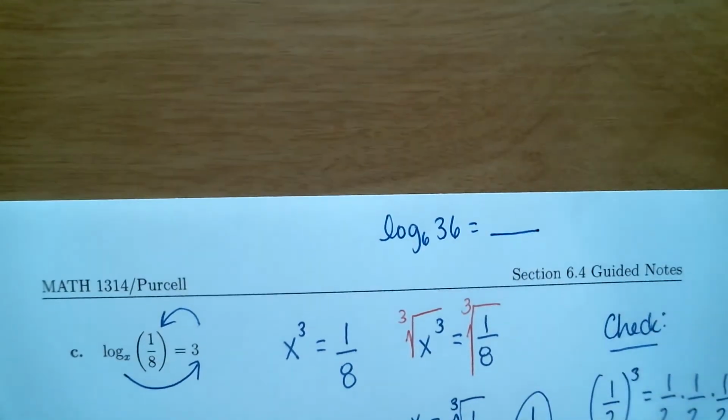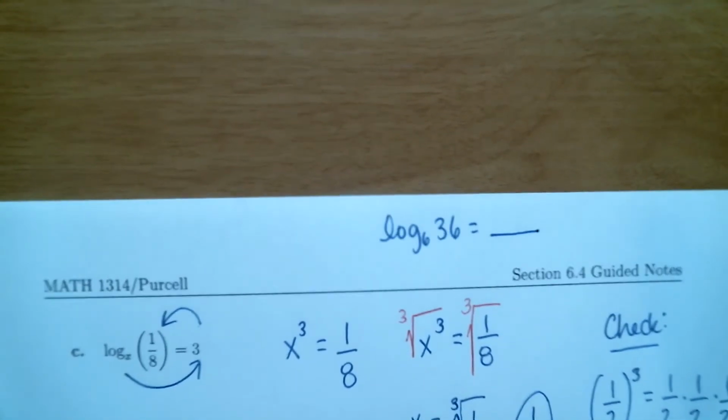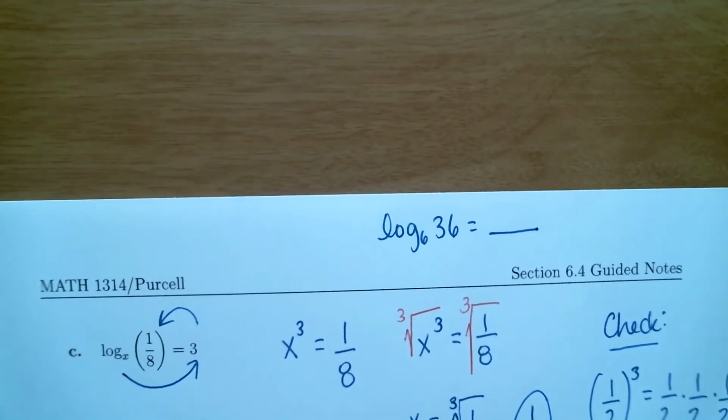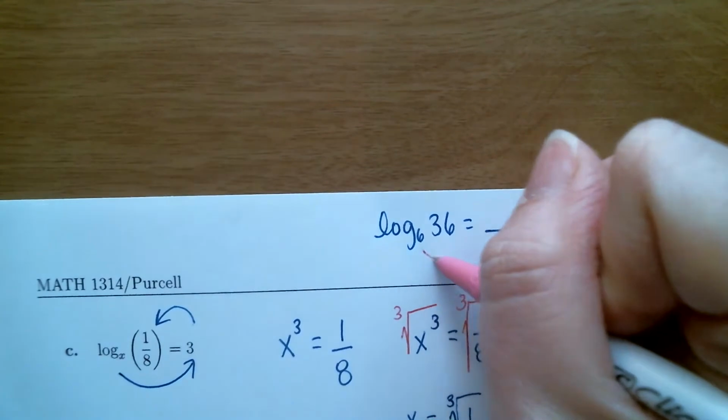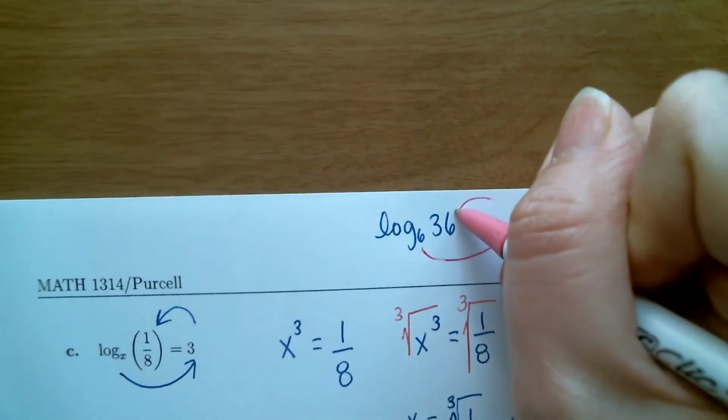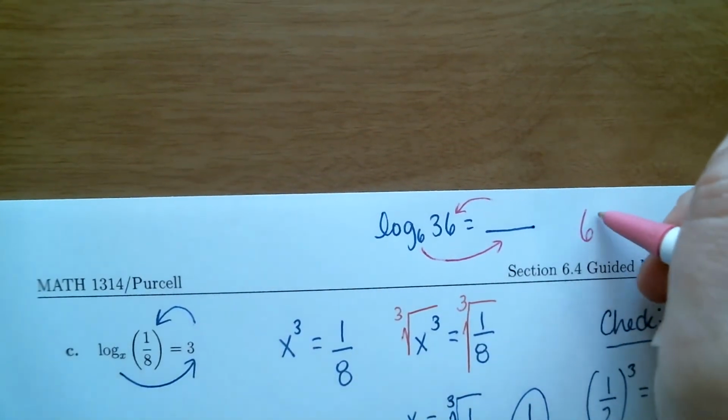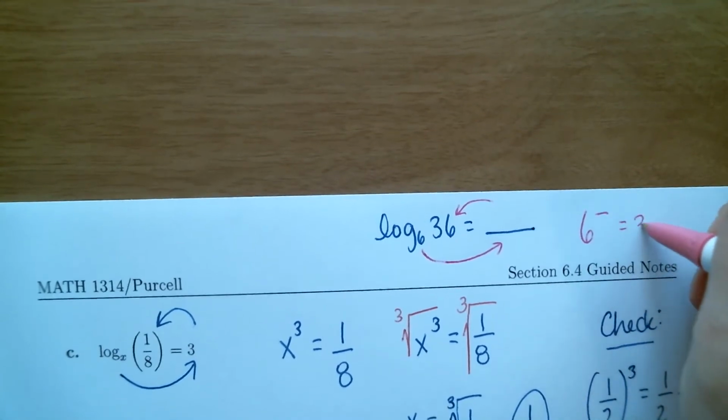Remember, if you're just staring at that left side, that is equal to a number. So what is that equal to? Well, I'm trying to figure out what power do I raise 6 to get 36. So 6 to what power gives me 36?